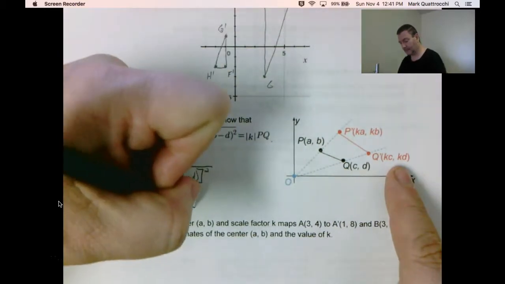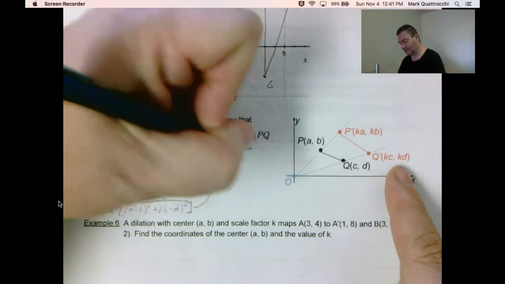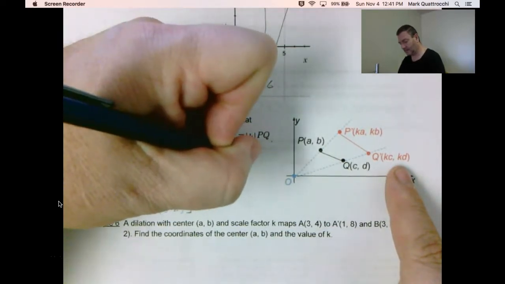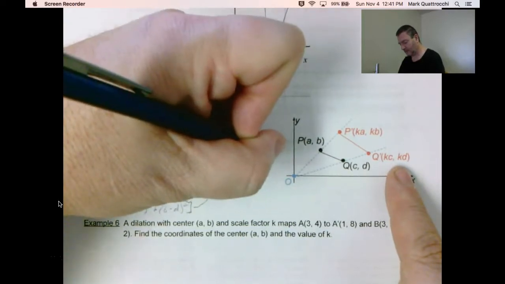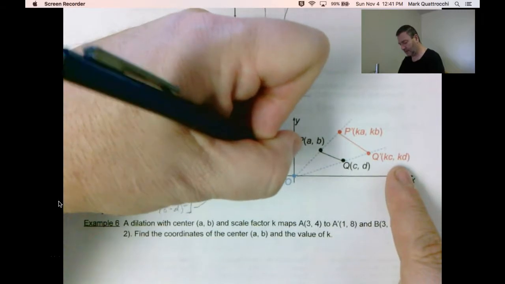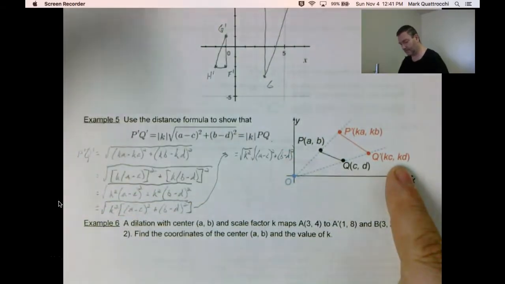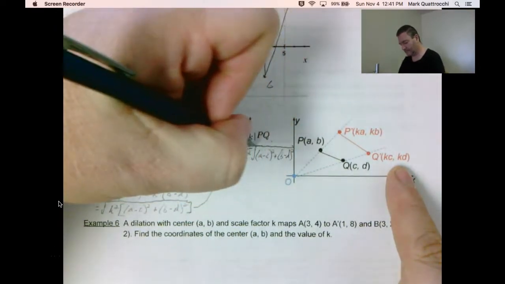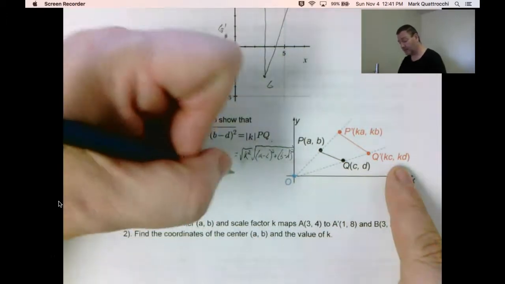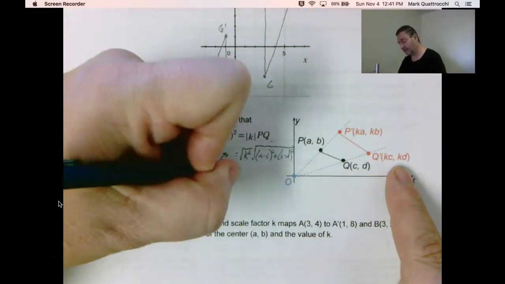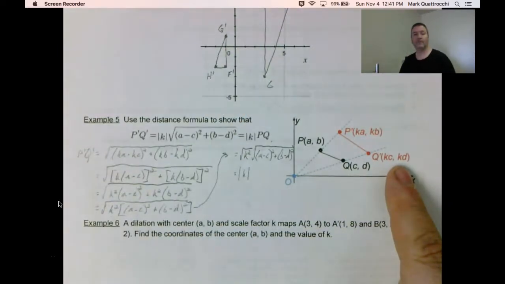So this is now the square root of k squared times the square root of A minus C squared plus B minus D squared. Square root of k squared is k, but because we don't know if k is positive or negative, and the end result is going to be positive, we could do absolute value.